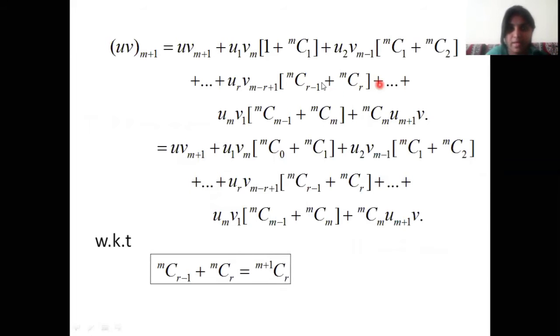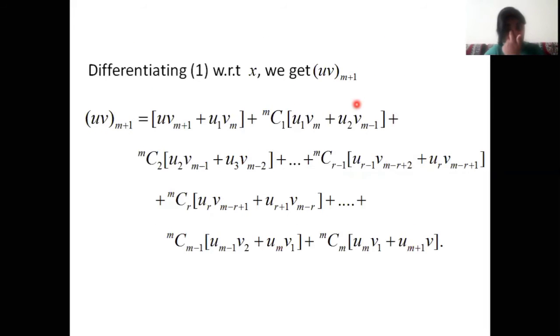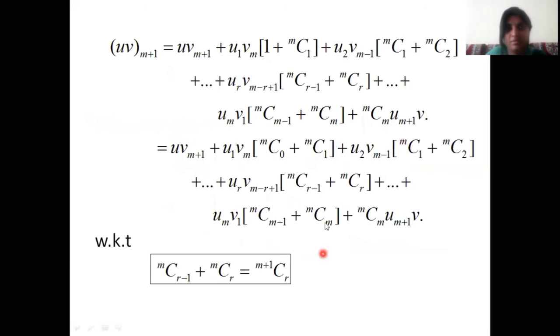Similarly, in these two terms, v^1 is common, and if I take that outside, I'll be left with mC(m-1) plus mCm.